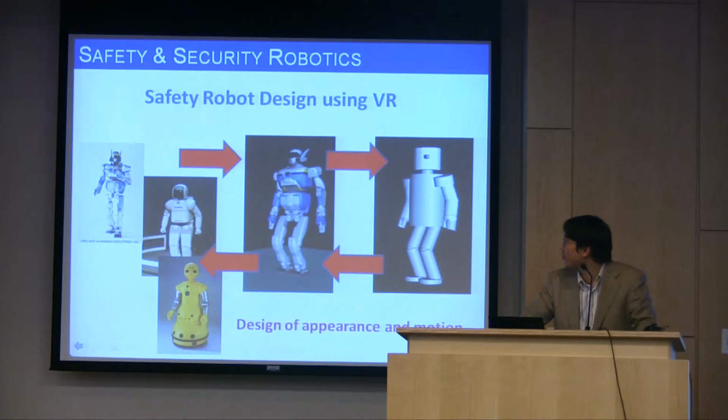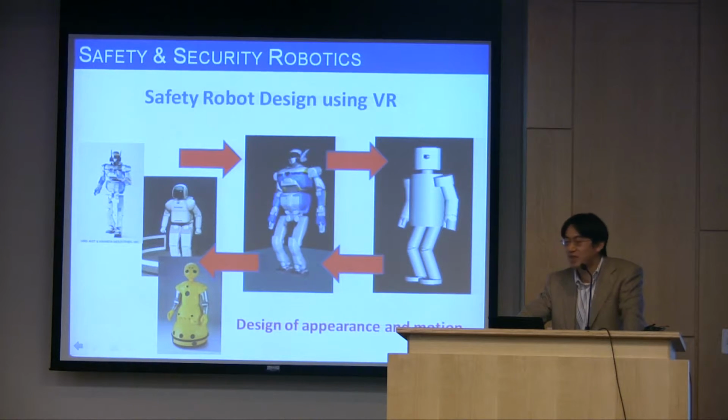But we don't know how much appearance or motion feels safe to humans, especially in human-robot interaction. So we have been trying to design safe robot appearance and motion by using virtual reality.